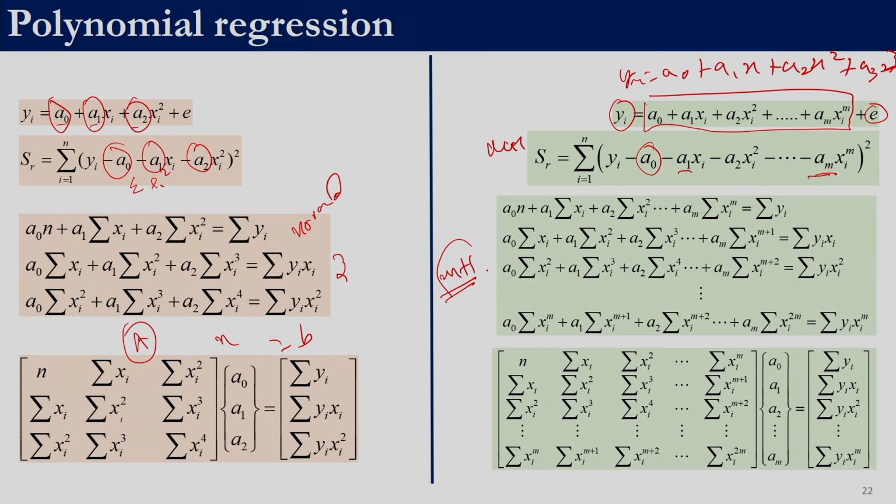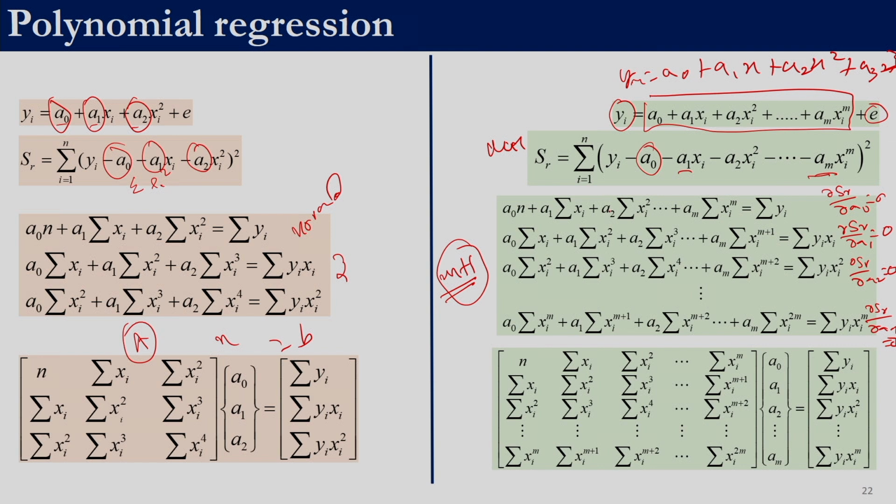So, we can derive these m plus 1 equations. It is the same thing: dou SR by dou A naught equal to 0, dou SR by dou A1 equal to 0, dou SR by dou A2 equal to 0, all the way up to dou SR by dou Am equal to 0.